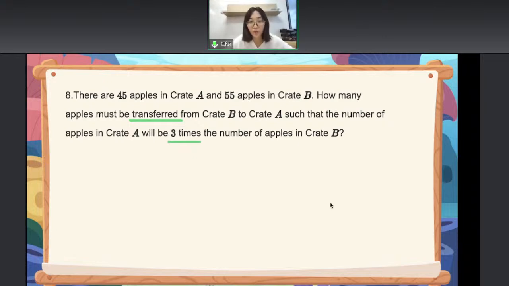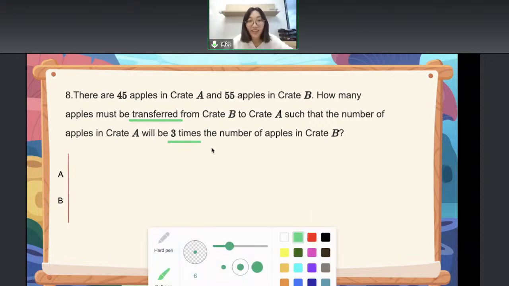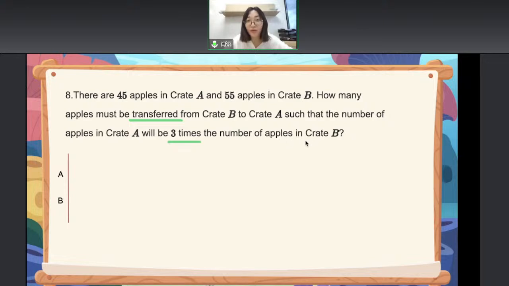Now, let's try to work. Firstly, label A and B. Which one is 1 unit can you find in this question? Yes, 3 times the number of apples in crate B. So we can get B should be 1 unit and A should be 3 units. What is the sum here?